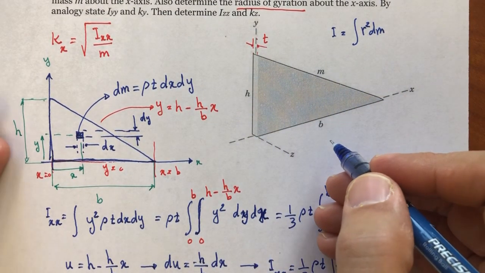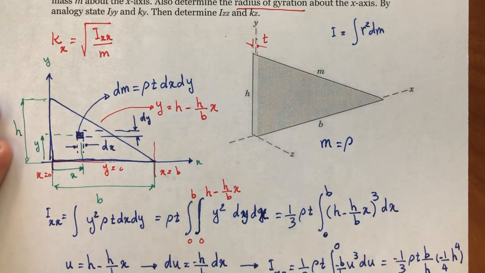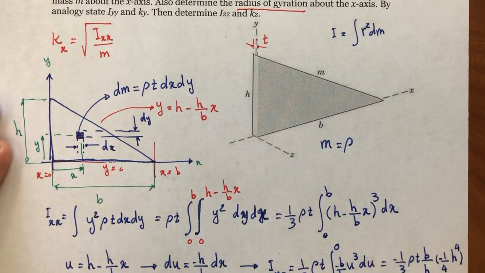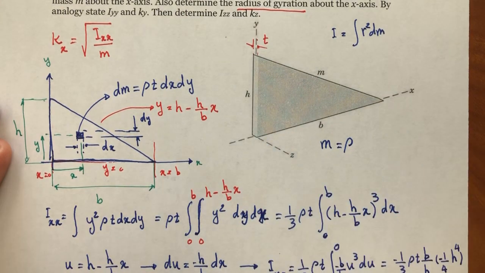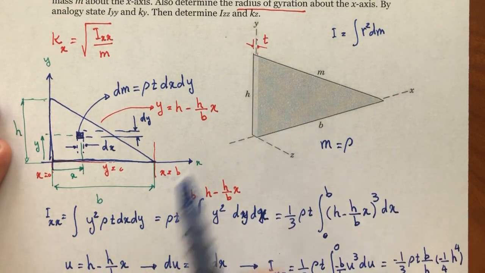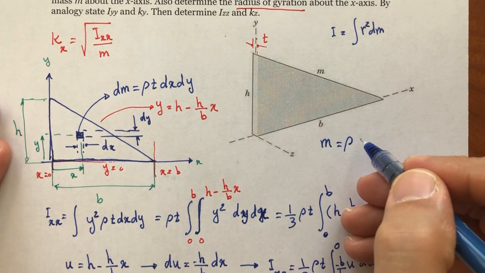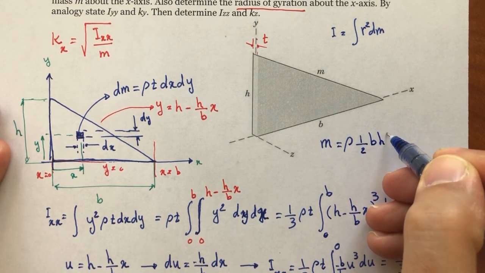So based on definition of density, mass is equal to rho times the volume. And the volume of this plate is going to be the area of this triangle times the thickness. Area of the triangle is 1/2 of b times h. So the total mass is going to be rho times 1/2 of bh times the thickness.